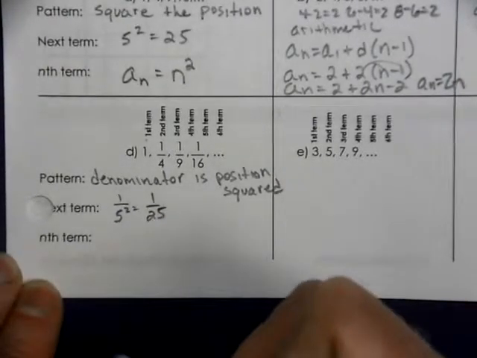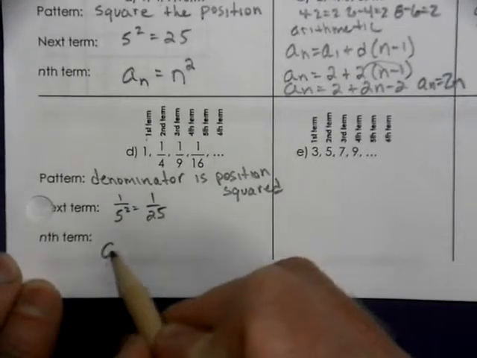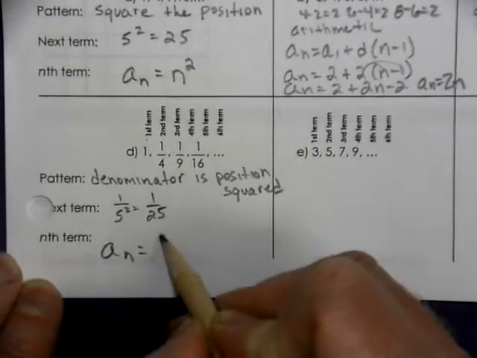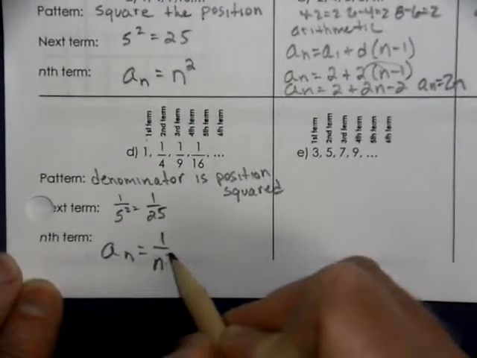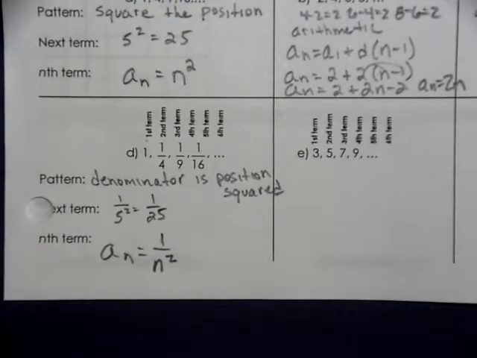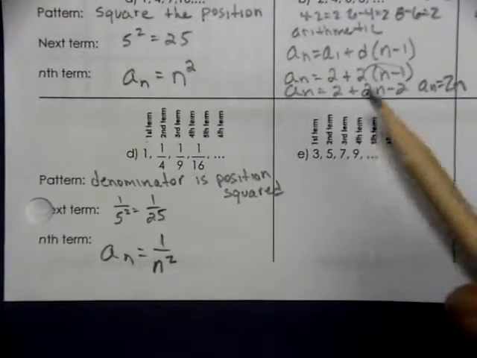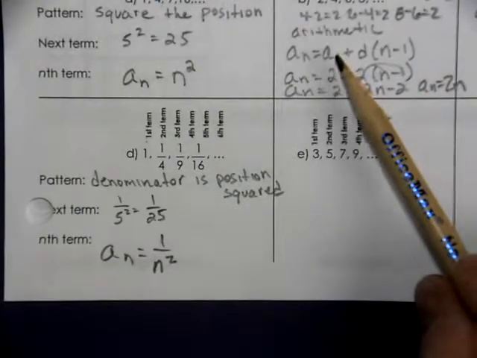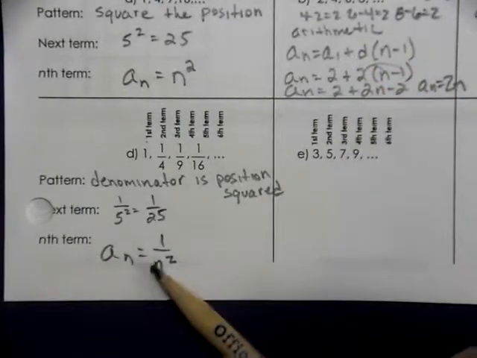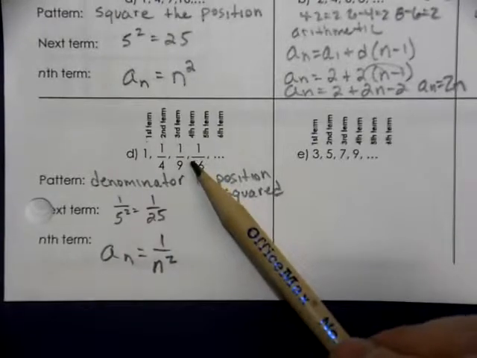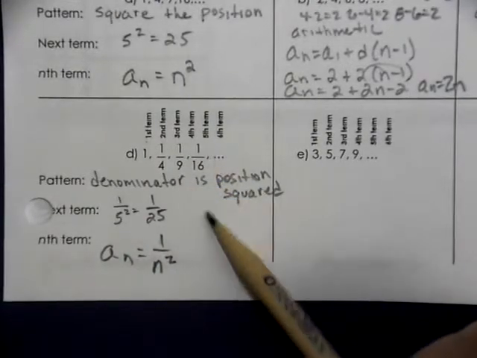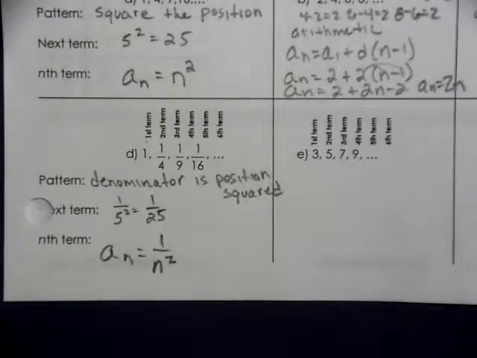So what's happening here, to find your rule, it's 1 over your position squared. So not quite as involved as if we have arithmetic or geometric. Sometimes these can actually be easier. Sometimes they're pretty tricky to work with.